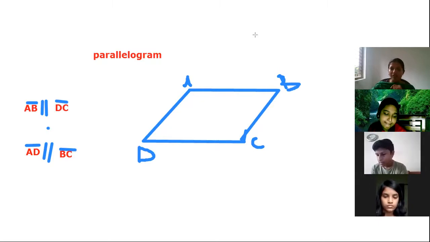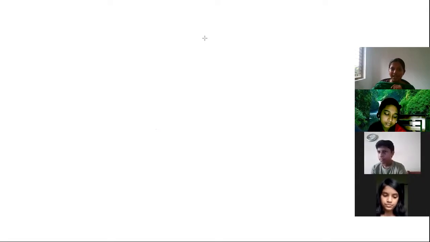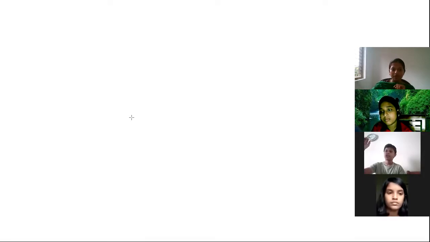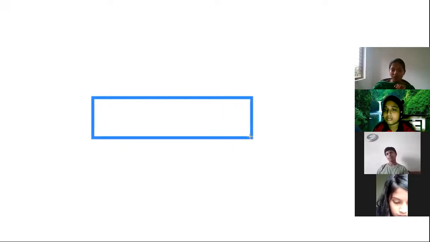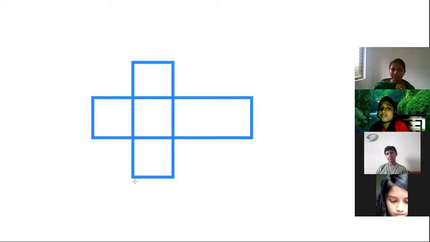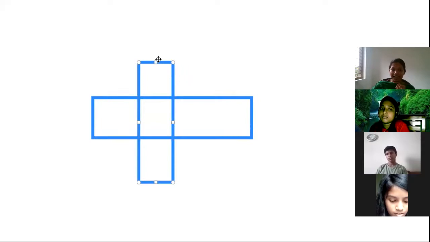How will you draw a parallelogram? For that, we need two cardboard pieces. I'm just showing you rectangles. First of all, I am going to place a rectangle horizontally, and I'm going to place another rectangle vertically.